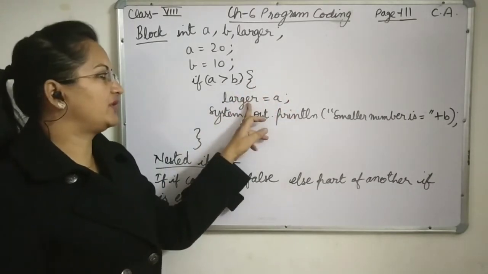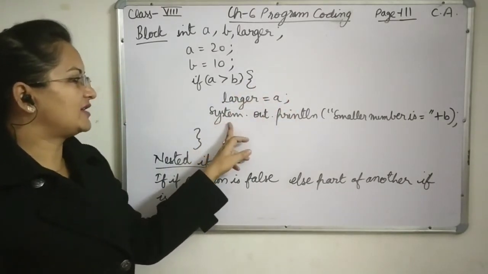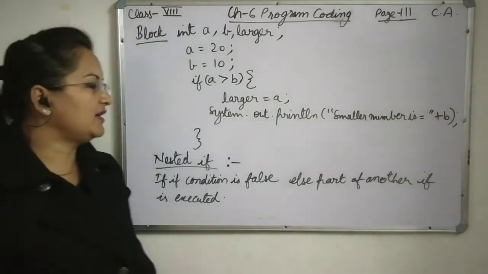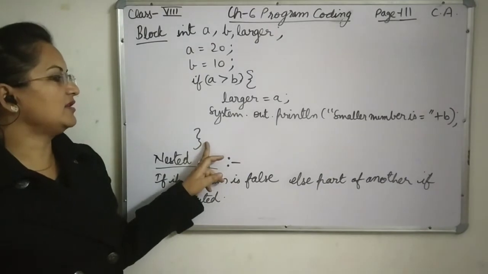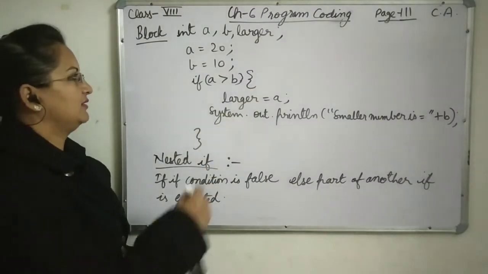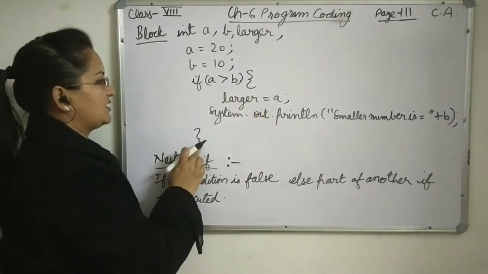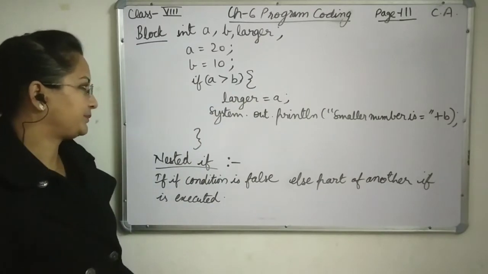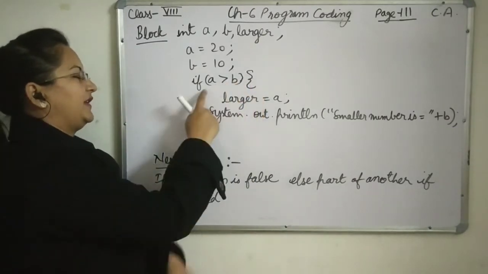A will be assigned to the variable larger, and then System.out.println smaller number is 10 will be printed, and then the block of statements is over. So from this curly bracket to this curly bracket, there is the block of statements. This whole is the block of if.